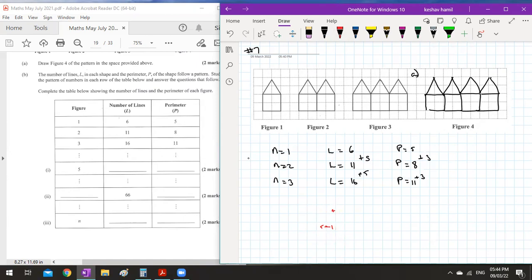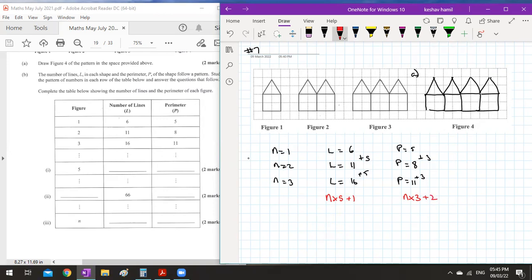So basically we figure out the formula for the number of lines. So n by 5 plus 1. What about here now? We add 3 each time. So we could say n by 3. And what's the difference between 3 and 5? And the first one is add 2.